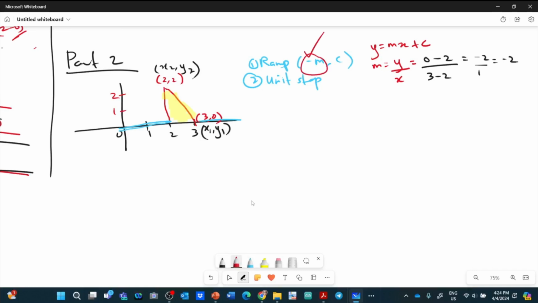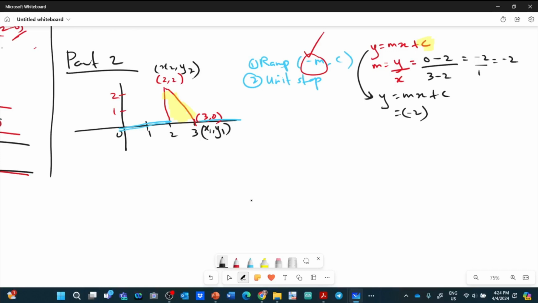So now you're going to find out what is C. C adalah cross section, which is you're going to input it in, find it in this one kan, C ni. So we are going to use the same equation. Okay, Y equal to mx plus C. Okay, M tadi dah minus 2. Ambil value yang ada kat sini sekarang ni.